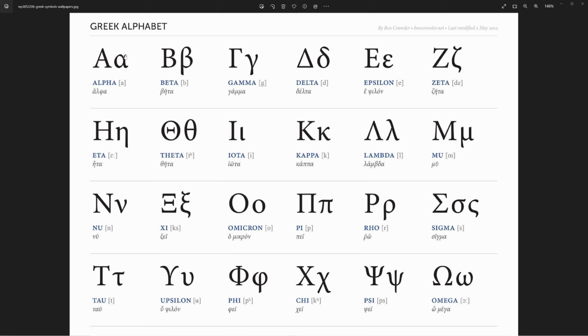We've got alpha, beta, gamma, delta, epsilon, zeta, eta, theta, iota, kappa, lambda, mu, nu, omicron, pi, rho, sigma, tau, upsilon, phi, chi, psi, omega. All right, so that's the Greek alphabet.